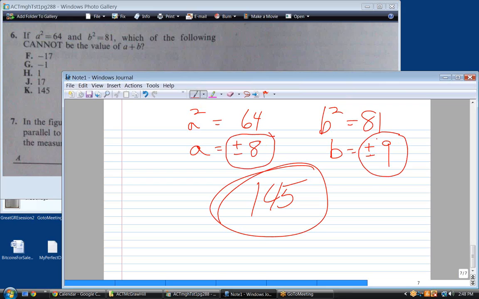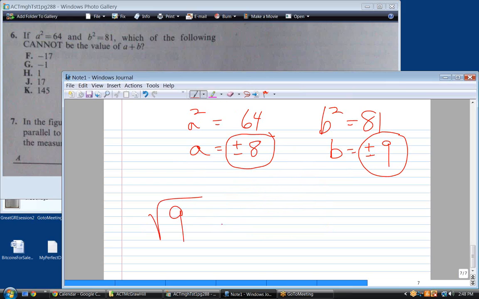Okay. For some reason, about 90% of my students cannot remember that plus or minus. And I think it has to do with the fact that if I say this, what's that equal to? 3.